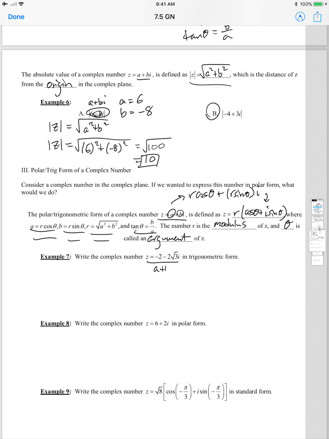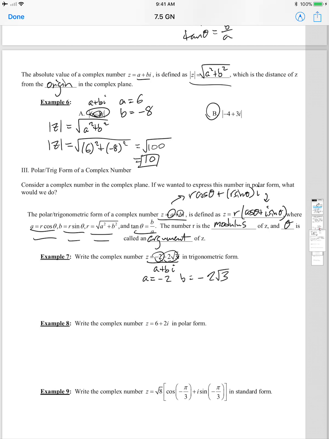That means this is a plus bi. So right away, I'm going to identify what a equals. a is negative 2, and b is negative 2 square root of 3. And I want to write this in trig form, or polar form.